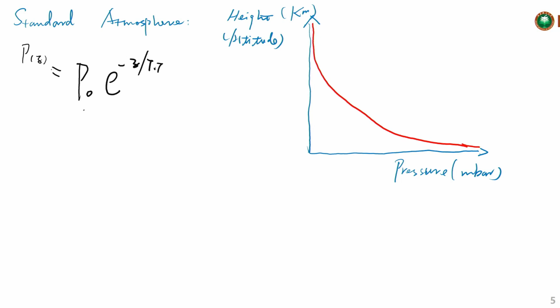So this is the pressure at sea level. For a standard atmosphere, its value is around 1013.25 millibar, 1 atmosphere.